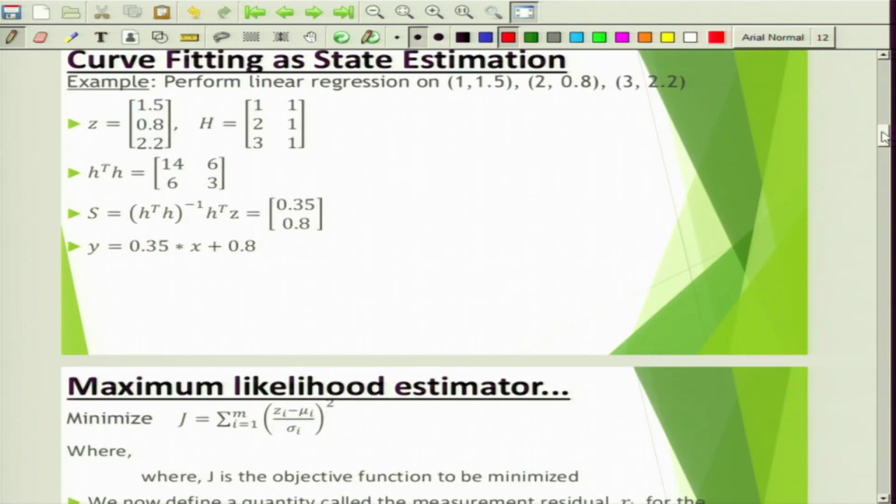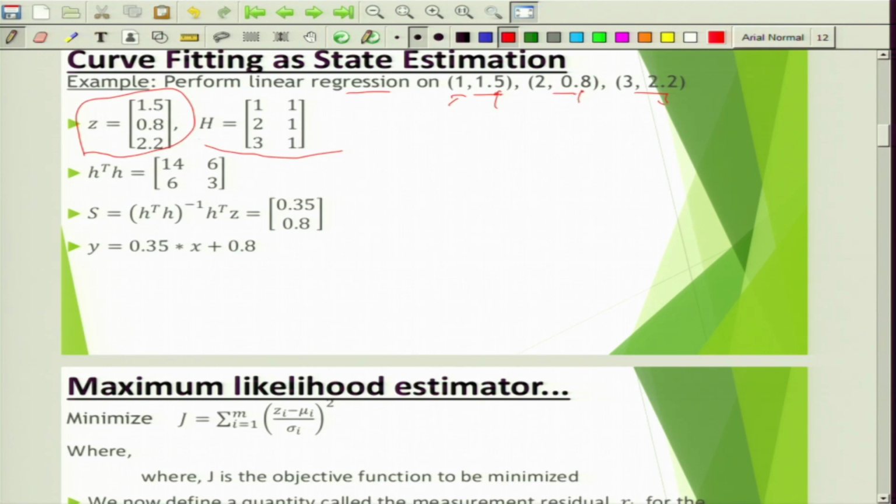Now perform an example: perform linear regression on 1, 1.5, 2.8, 3, 2.2. Here 1.5, 0.8, 2.2 are the measured values. That is why we have kept them in the Z matrix, and the remaining you have in the H matrix. Now, this measurement is taken for a specific function and that value is considered as 1.